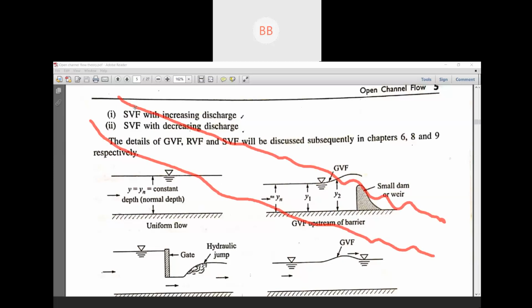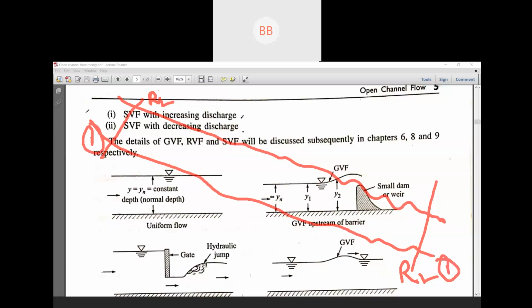What we are going to do is take two sections and find out the RL. RL we have already studied in survey, so we will be finding RL at a particular location. Suppose this is your location one and this is your location two.